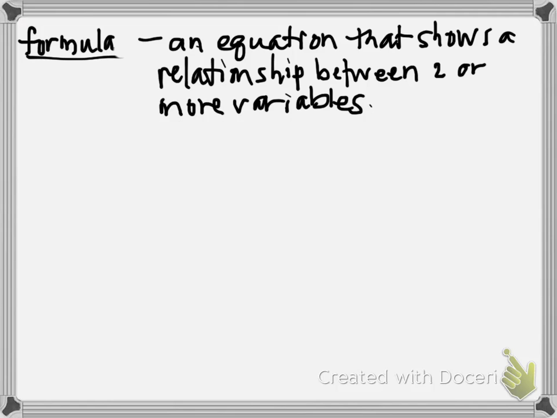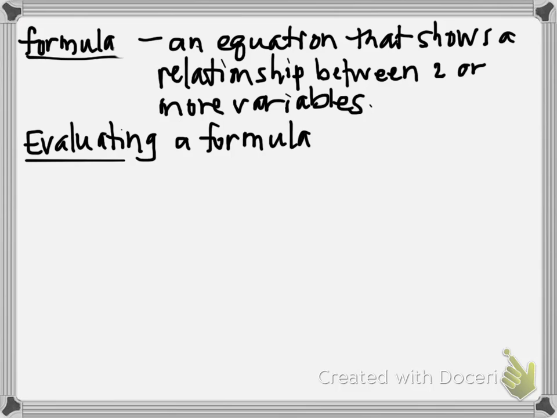Alright, so what we need to learn to do is to evaluate. So how we go about evaluating a formula. In other words, we're going to replace values in for those variables and do the math.